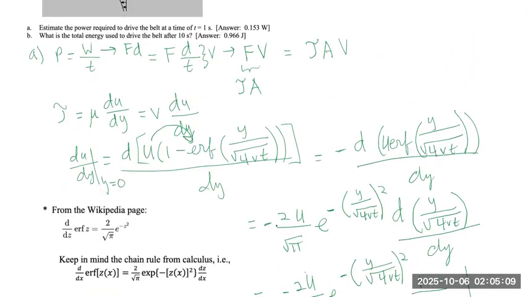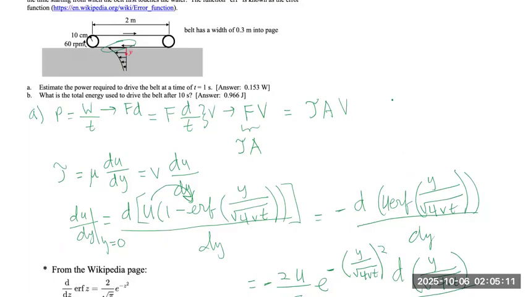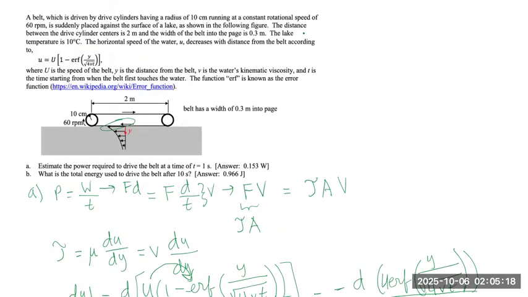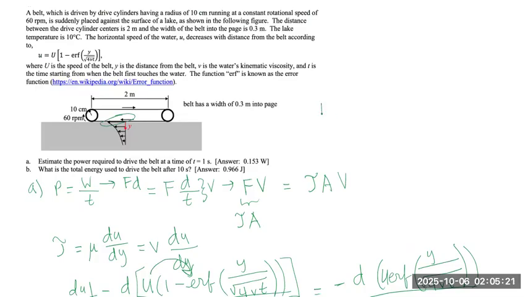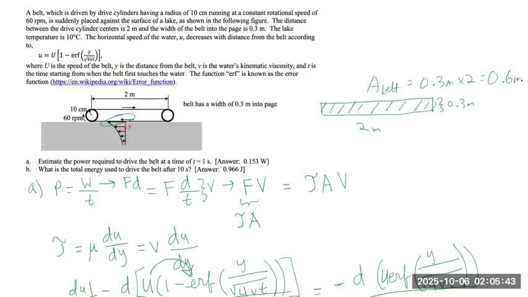So what is the area of the belt? It says it has a depth of 0.3 meters into the page, so it's actually going to be 2 meters times 0.3 meters. So A belt equals 0.3 meters times 2 equals 0.6 meters.